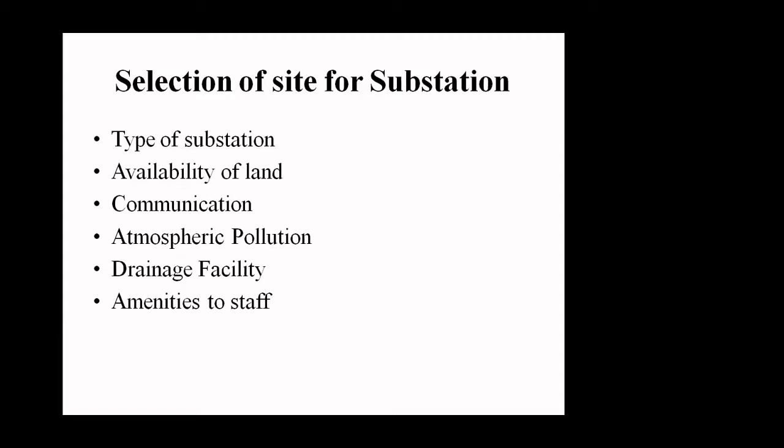The second point is availability of land or sufficient land. The land proposed for a substation should be normally level and it should be open from all sides. This is very important. We cannot have a substation near to a congested area.